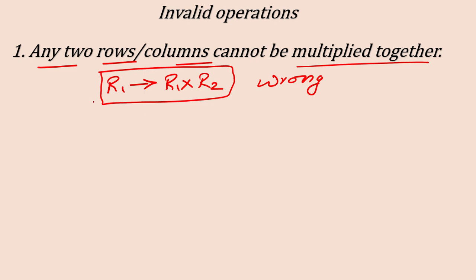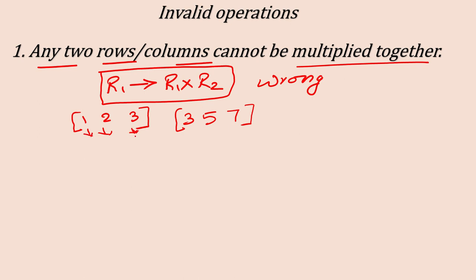Otherwise, try to understand what I have told you in my another video, that if you consider one row, 1, 2, 3, this is called a row vector or row matrix. And similarly, another row also if you consider 3, 5, 7, this is also a matrix, or you can say R2. Now how many columns are there? 3.